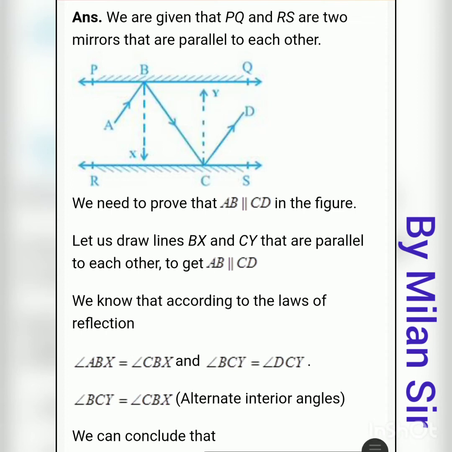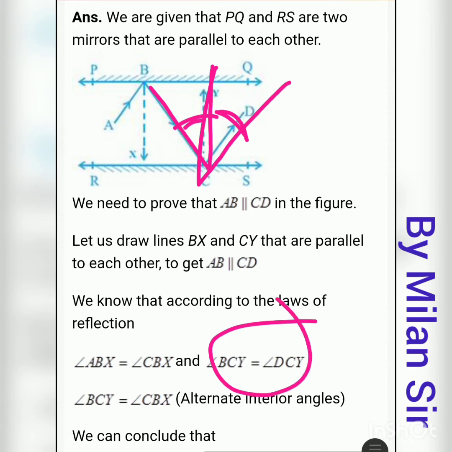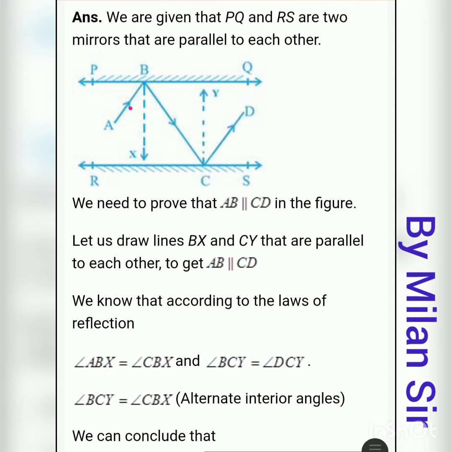It means angle BCY, this angle, and angle DCY, this angle, are the same. So angle ABX is equal to angle CBX, and angle BCY is equal to angle DCY.